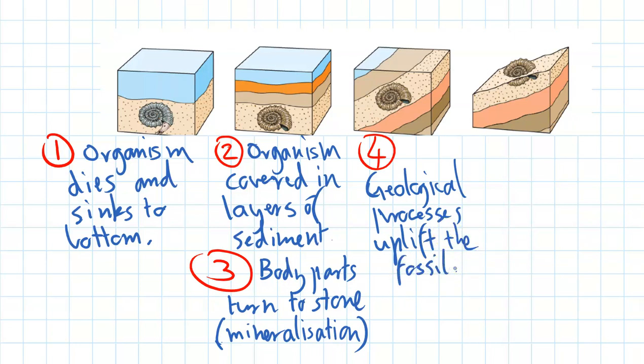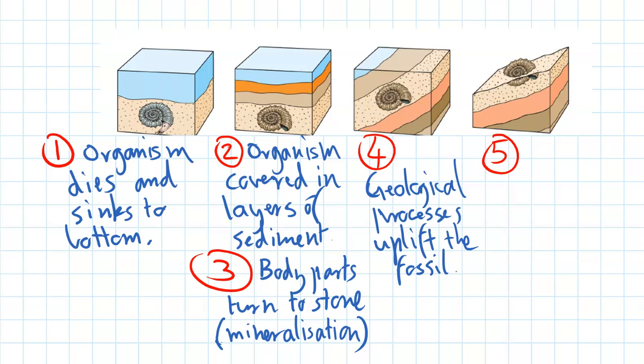So at the moment our fossil's buried in a mountain, but at least it's above ground level, and the most likely way we'll be able to find it is over millions of years, as the air and water, maybe from glaciers, maybe from rivers and rain, it's going to erode that mountain. So bit by bit, all those layers of rock above our fossil will start to erode.